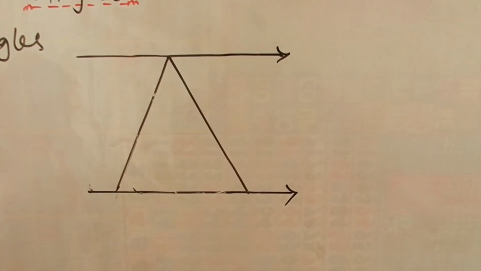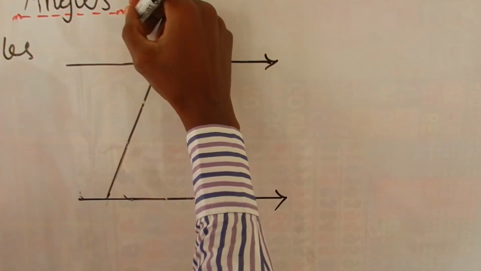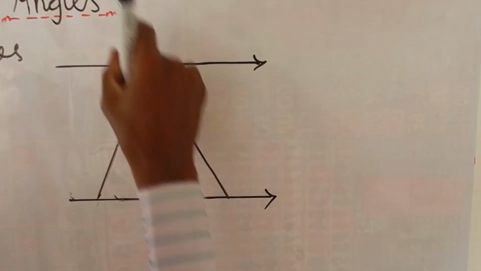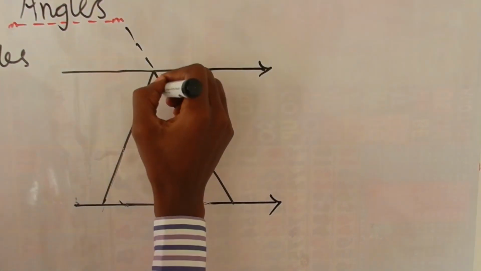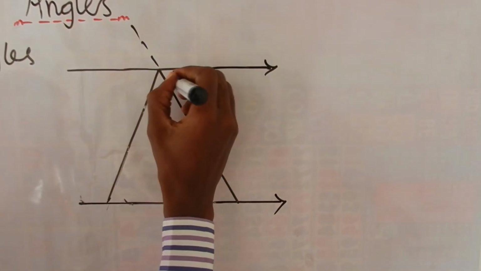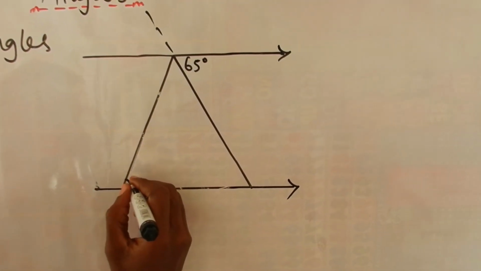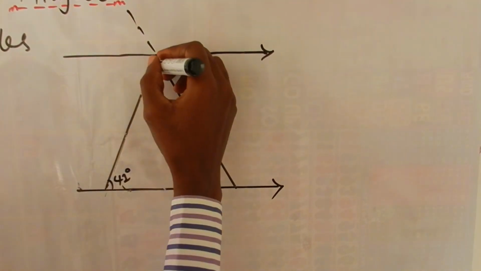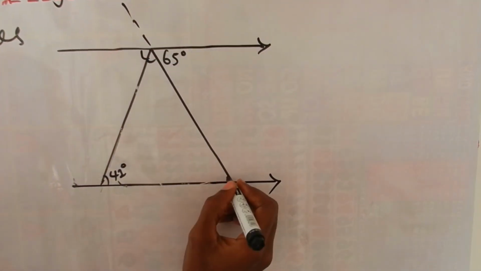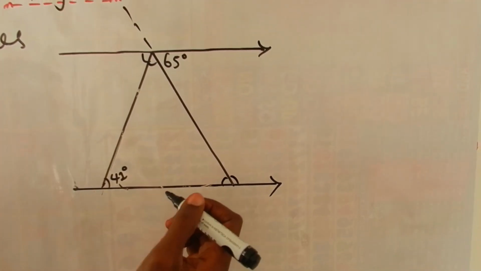Now, you have these two parallel lines. This could be a transversal. This could also be a transversal. Now, you have here as 65 degrees. You have here as 42 degrees. Now you are asked to look for this angle, this angle, this angle, this angle.